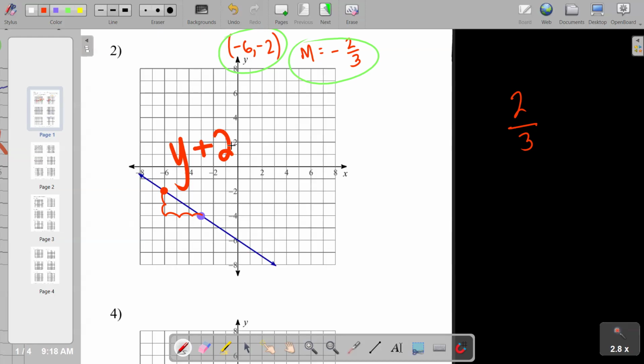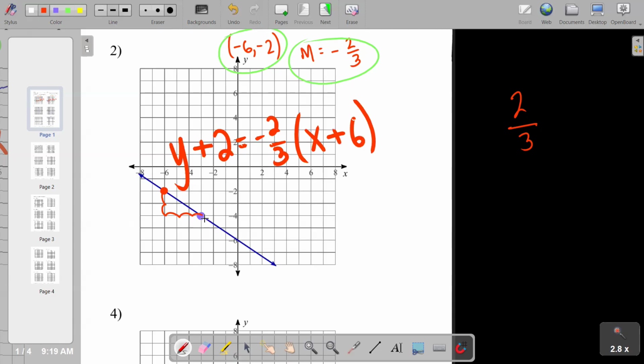See, I change it to plus when I'm about to put a double negative in there. Equals -2/3 times x minus plus -6. So it becomes +6. And we go again and again.